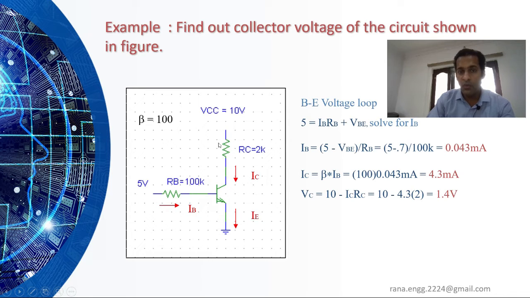We need to calculate only collector voltage, VC. So VC is 10 minus the drop across this resistor. Drop across this resistor is ICRC, that is Ohm's law, V is equal to IR. I is IC, R is RC, because they belong to the collector side. So we are calling them collector current and collector resistance. So from this we get VC as 1.4.